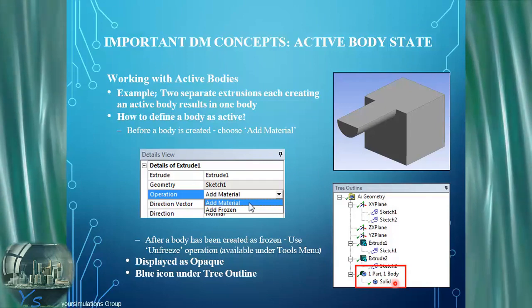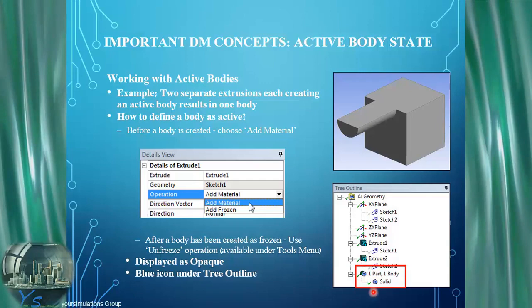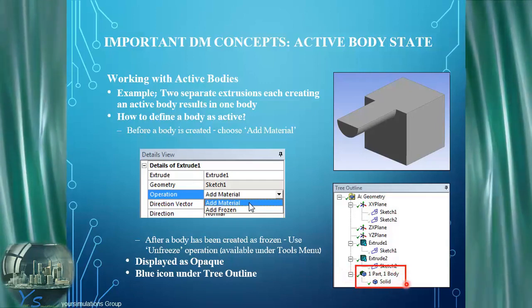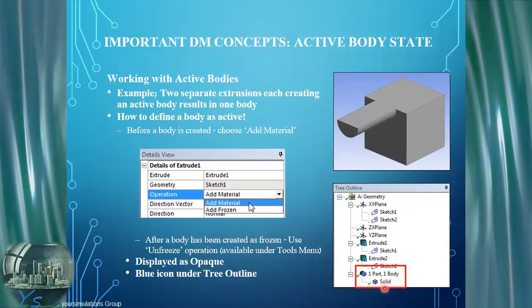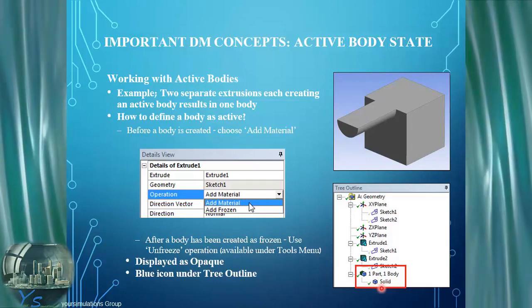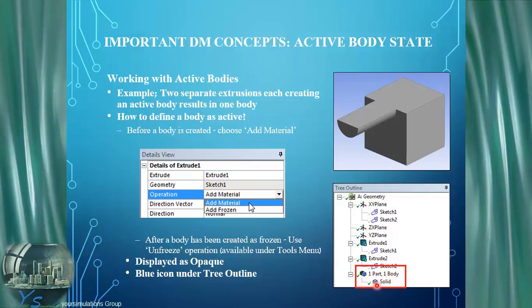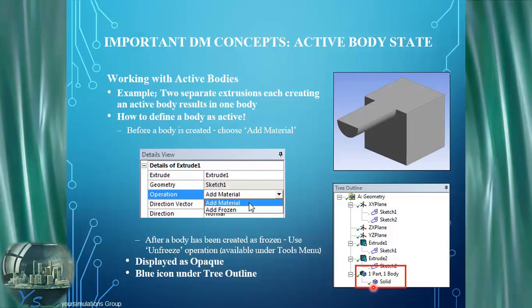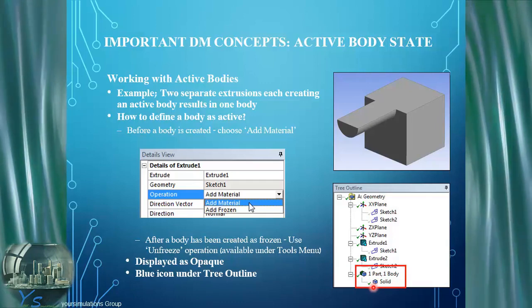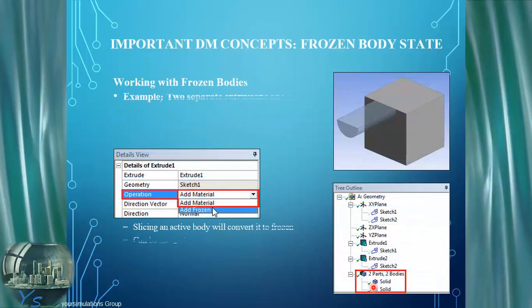The name solid, by the way, is not a reference to the type of material that this body will take, but is purely the name, the string, that represents the name for that body. But here we can see this opaque blue icon representing that it is an active body, it's not a frozen body.